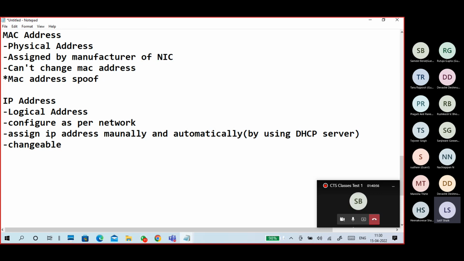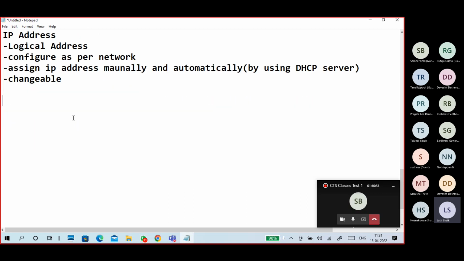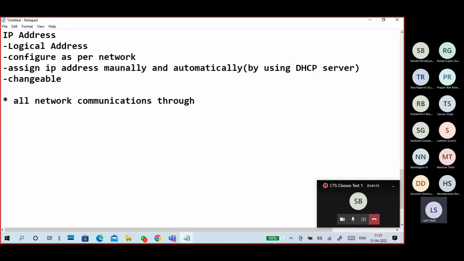So those are the main two points of MAC address and IP address. Always remember, guys, all network communications happen through IP address only, not with a name, not with a MAC address.